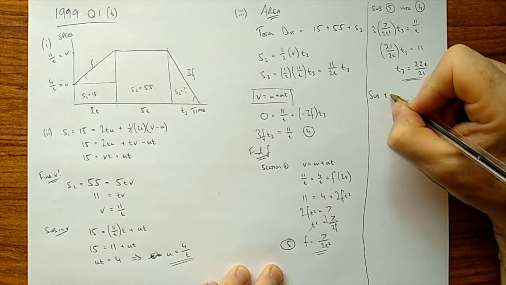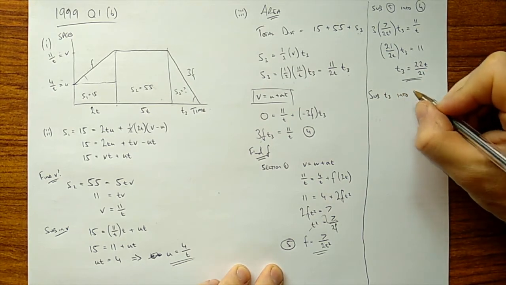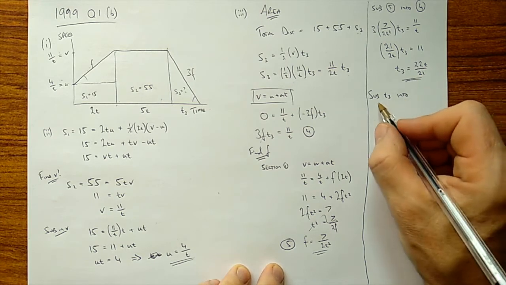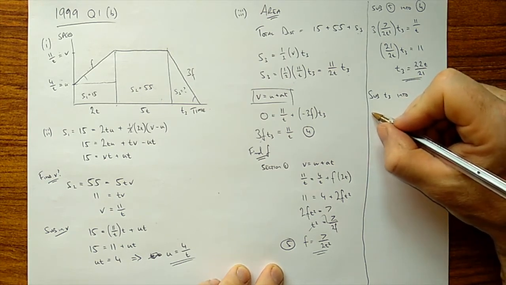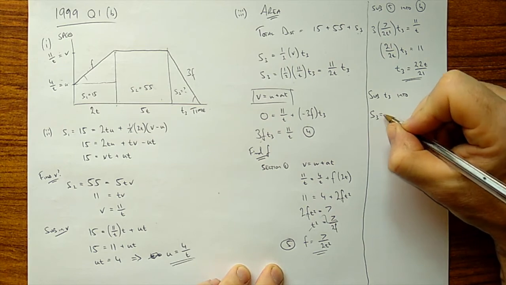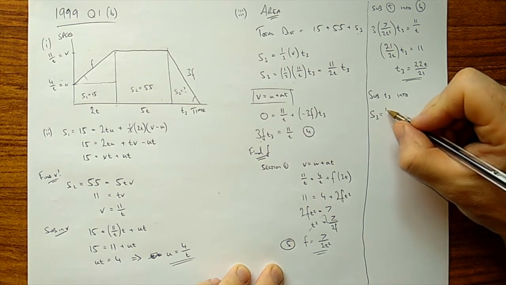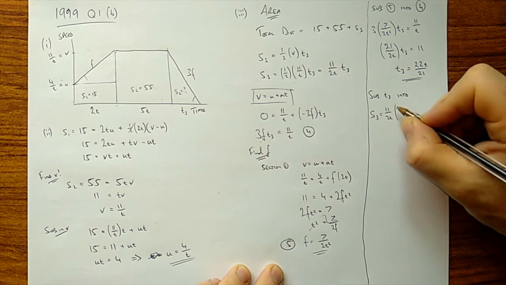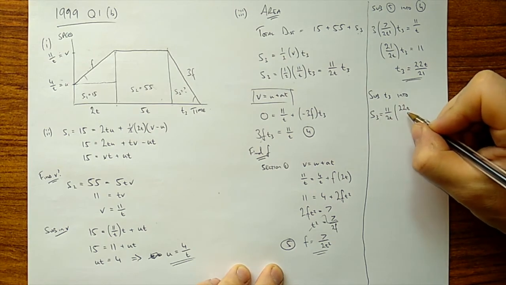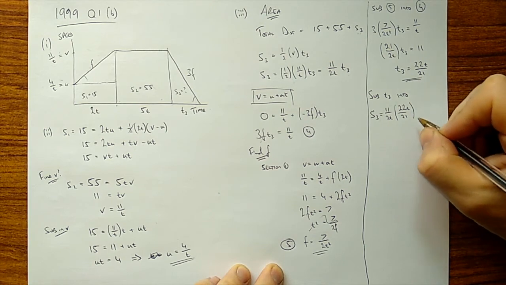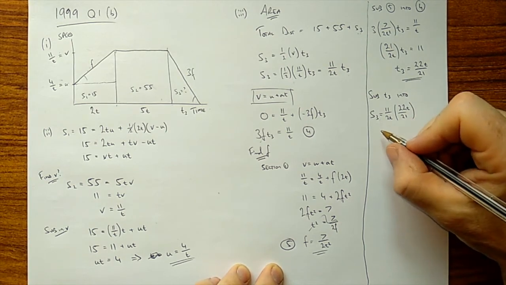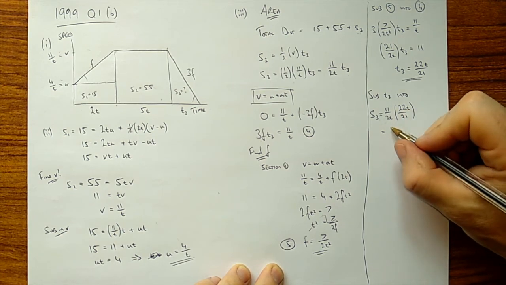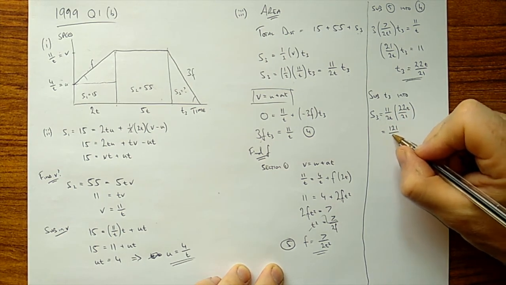We'll put this one into here. So sub T3 into this equation. So now what I have is S3 equals 11 over 2T, factor of 22T over 21, and this is going to tidy up a whole lot more. That is going to divide both sides by 2T, 121 over 21.